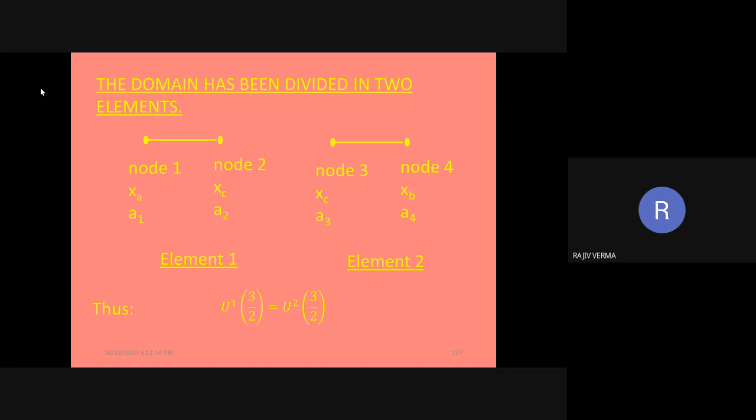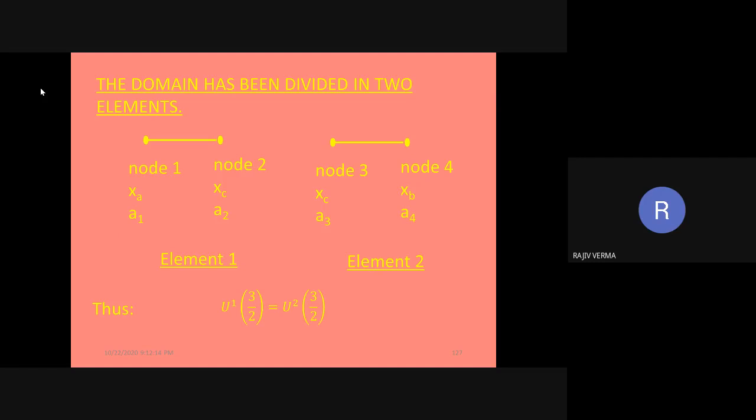So obviously the value of the unknown parameter is going to be the same at both these 2 points, which gives us a constraint equation of the type that u1 at 3 by 2 is equal to u2 at 3 by 2, which means that the value of the unknown parameter at location 3 by 2 for element number 1 is equal to the value of the unknown parameter for element number 2 at location 3 by 2.